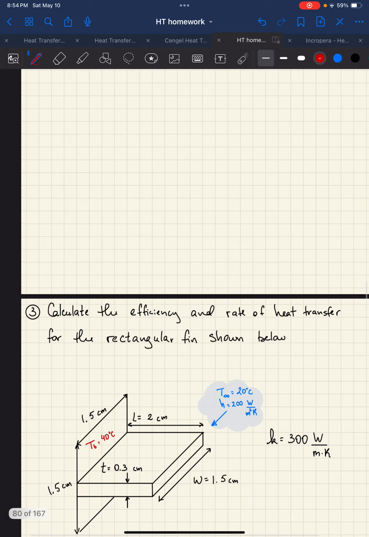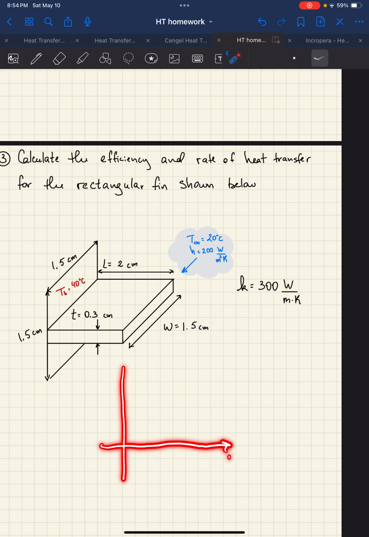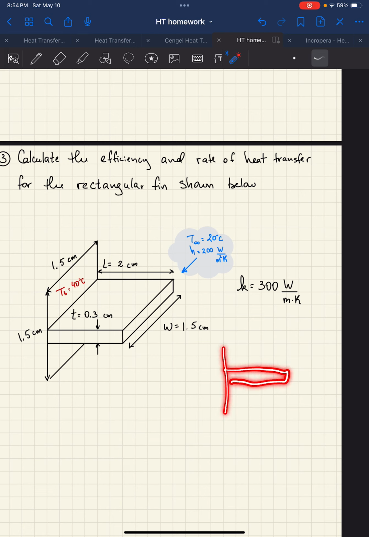So here is the rectangular fin, and they say calculate the efficiency and the rate of heat transfer for the rectangular fin shown below. The method outlined in this textbook uses the concept that, imagine your fin, and now you're going to plot the temperature of the fin as a function of the length of the fin.